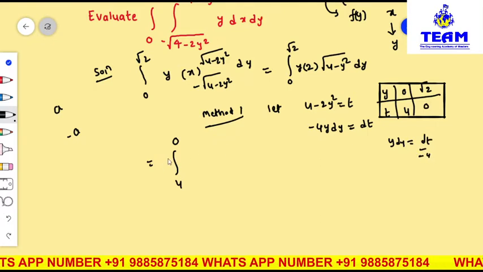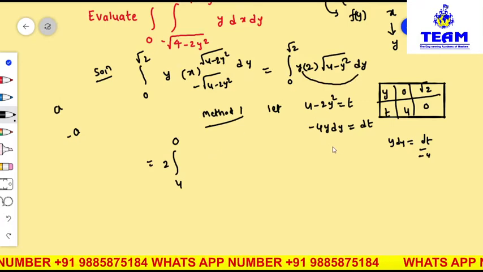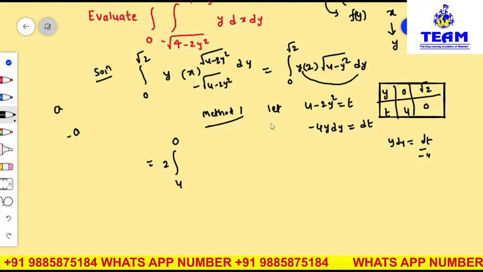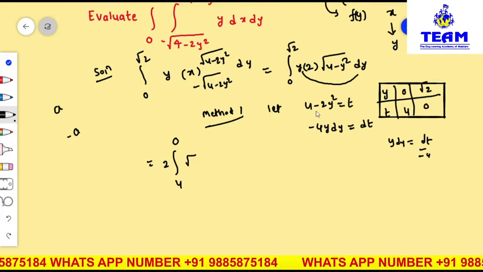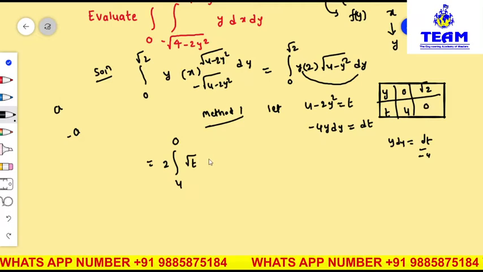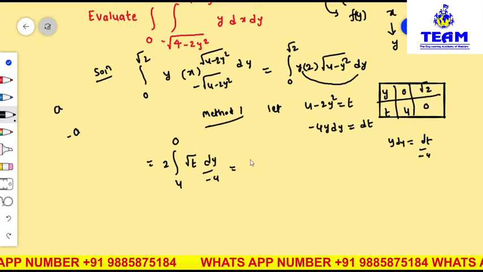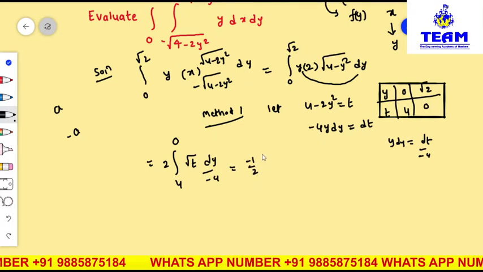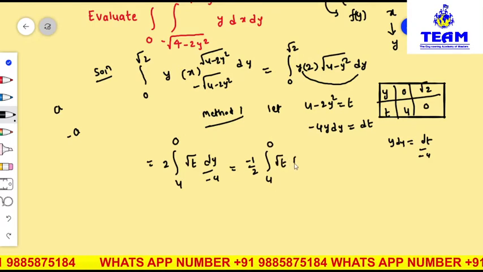I am writing 2 outside first, and y dy as dt by minus 4, while the square root of 4 minus 2y square inside is root t. Taking the minus outside, 2 by minus 4 is minus 1 by 2. So we have minus 1 by 2 integral from 4 to 0 root t dt.